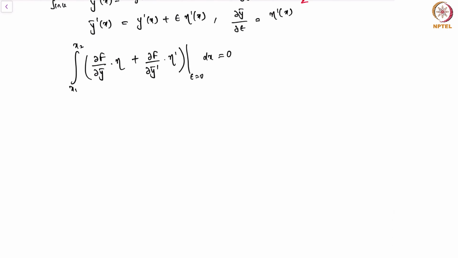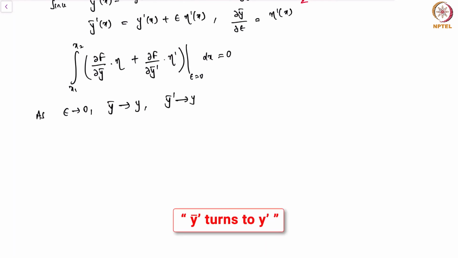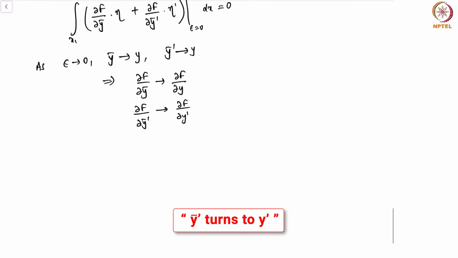Now we know that at epsilon equal to 0, y bar goes to y and y bar prime goes to y prime, and therefore del f by del y bar goes to del f by del y, and del f by del y bar prime goes to del f by del y prime.